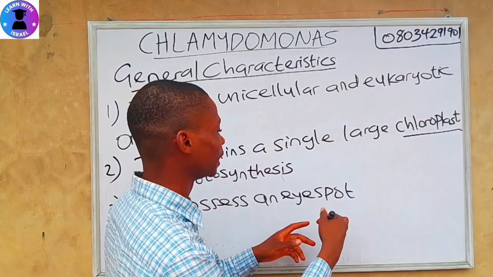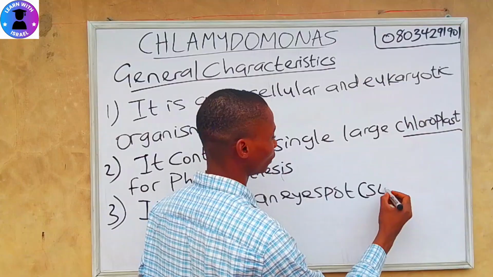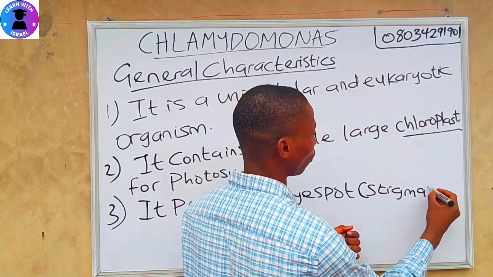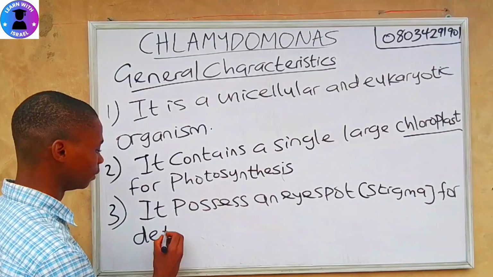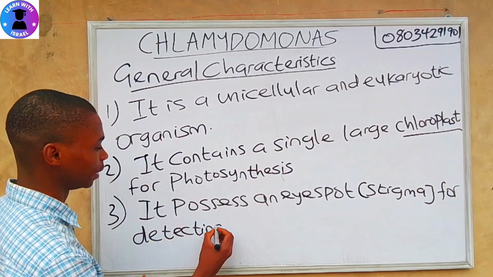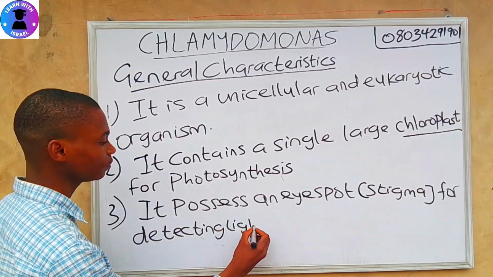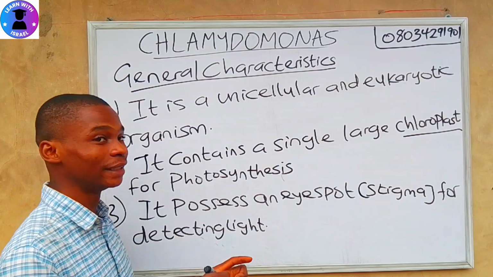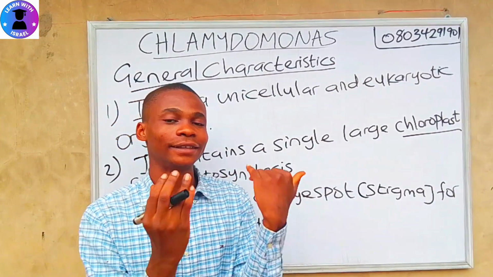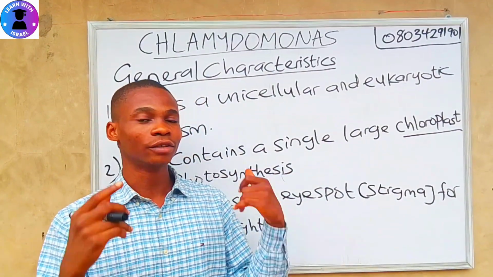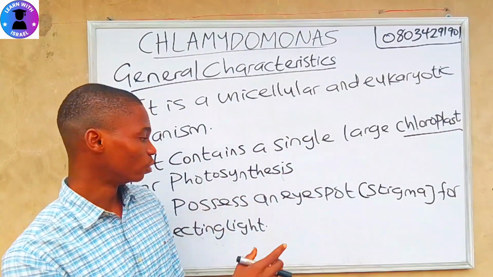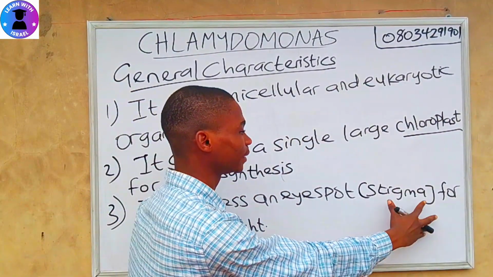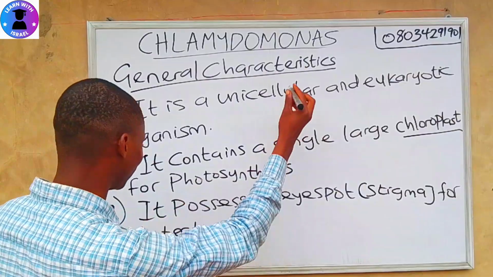It possesses an eye spot, also called stigma, for detecting light. As human beings have the retina to detect light, Chlamydomonas also has its own, which is called eye spot or stigma.